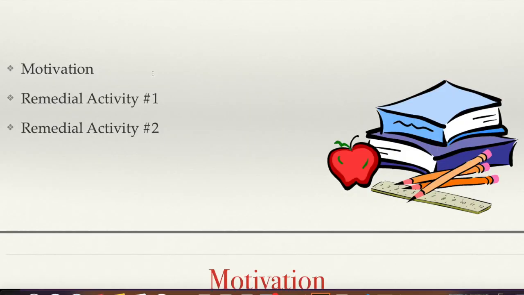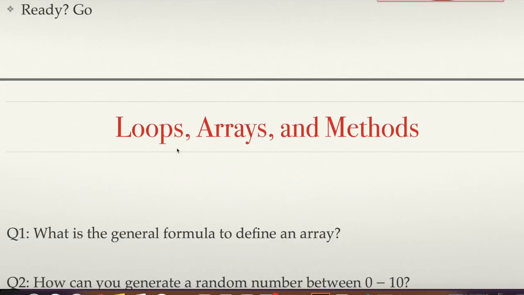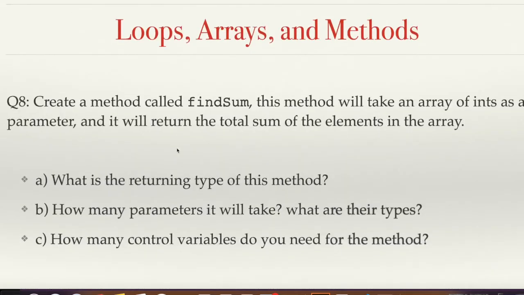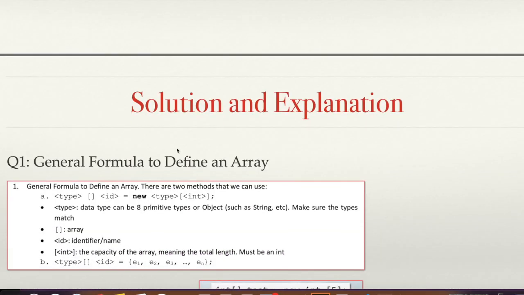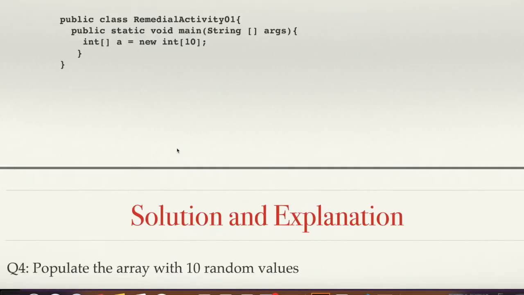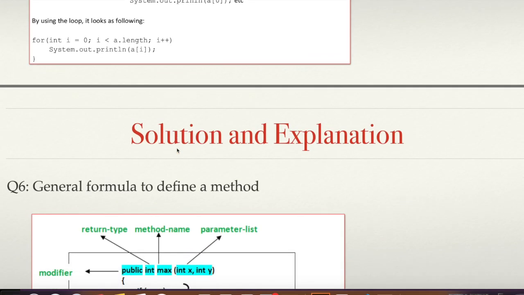I gave you two different remedial activities, and for the first part I asked you to create an array, to populate it with random numbers, then to find the sum of all elements and the average.